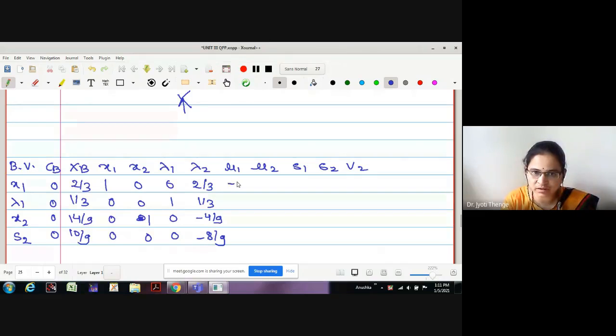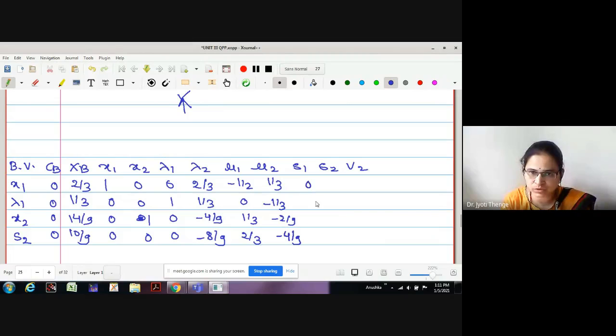Mu 1 is minus half, 0, 1 by 3, 2 by 3. Mu 2 is 1 by 3, minus 1 by 3, minus 2 by 9, minus 4 by 9. S1 is 0, 0, 1 by 3, minus 1 by 3. S2 is 0, 0, 0, 1.